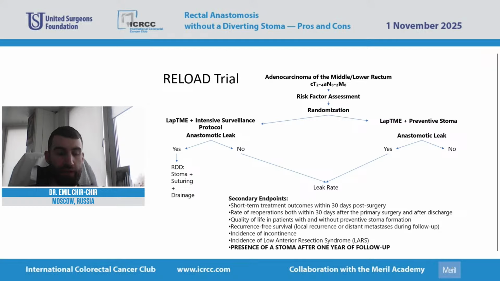Here you can see the reload study design. All patients are assessed using our scale. Low risk patients for leakage are randomized in two groups, with stoma and without stoma.